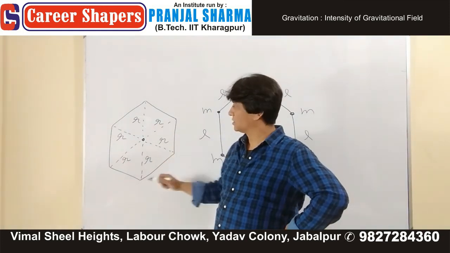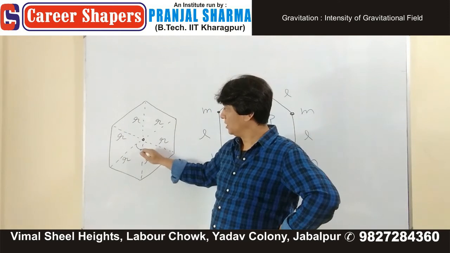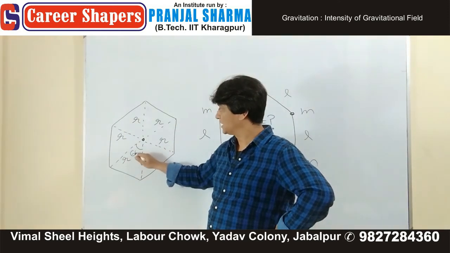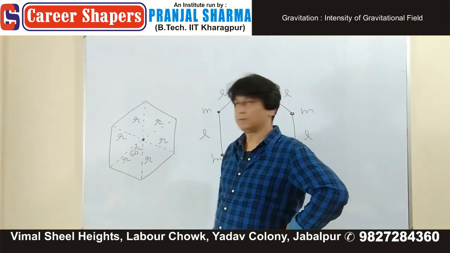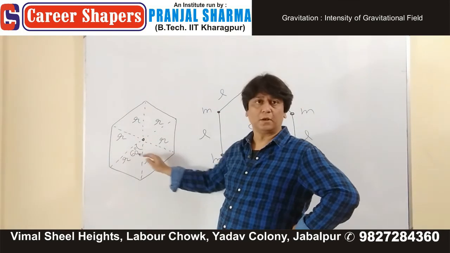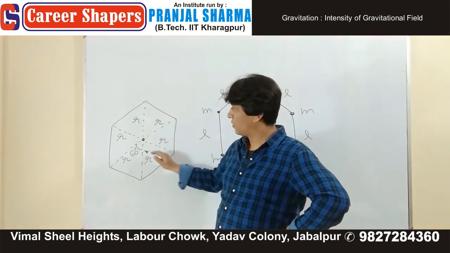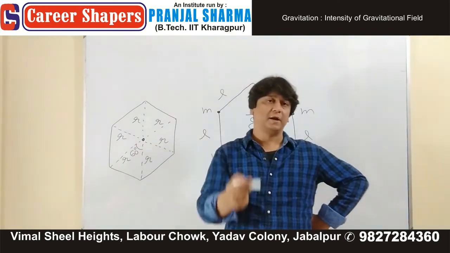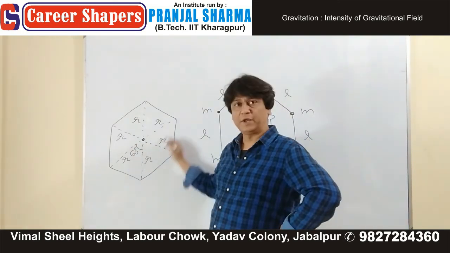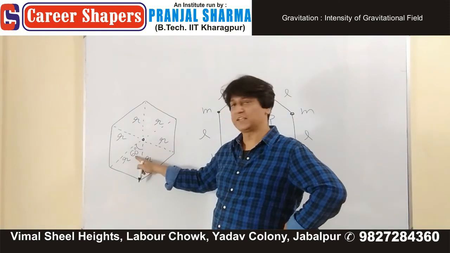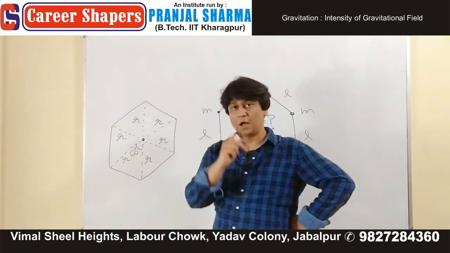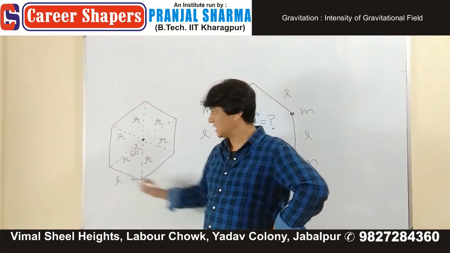It's a regular hexagon and therefore all these angles are of 60 degrees each. What is total? 360. 1, 2, 3, 4, 5, 6. 6 identical partitions of 360. Each will give you what? 60. Now, what is this distance L?